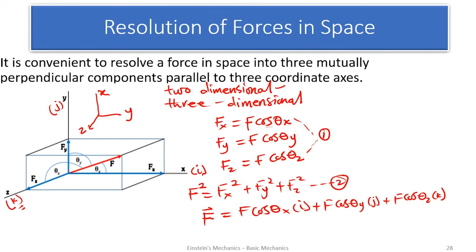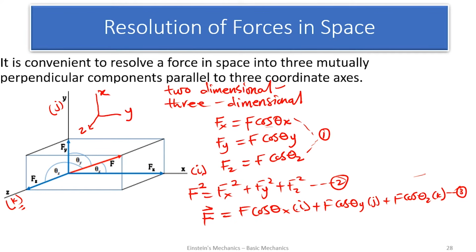The vector force can be, we have F of x as F cos theta x, F of y as F cos theta y. It's like we are obeying this formula, but in another way, ignoring the square roots. So we bring in the values, and this is also a third formula we can obtain when we come to resolution of forces in space.